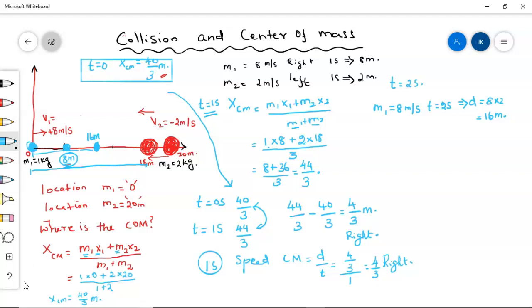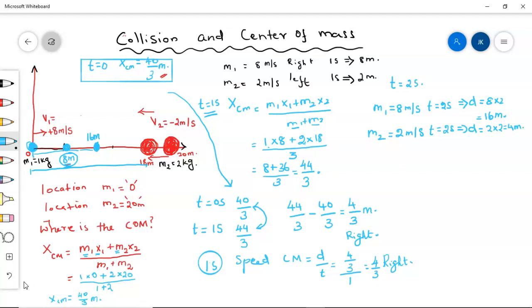And let's see the object M2. It has the speed of 2 meters per second. So after 2 seconds, the distance covered by mass 2 is speed times time, which is 4 meters.